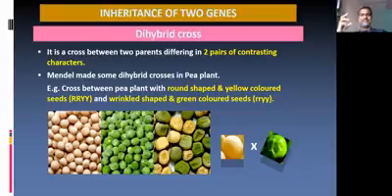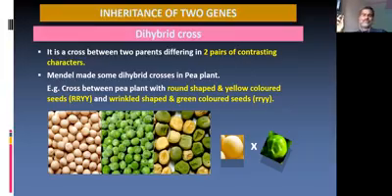Mendel made some dihybrid crosses in pea plants. The example he chose is a cross between a pea plant with round shaped and yellow colored seeds and a plant with wrinkled shaped and green colored seeds.